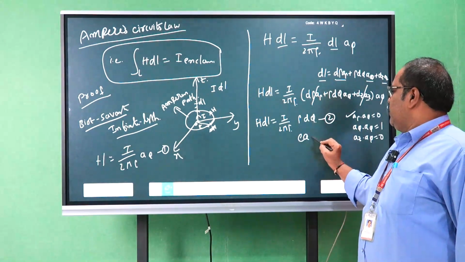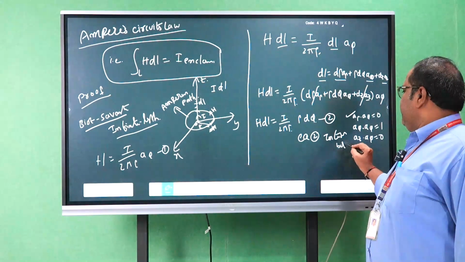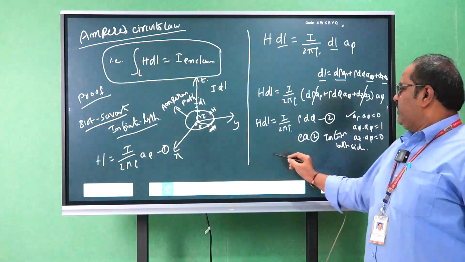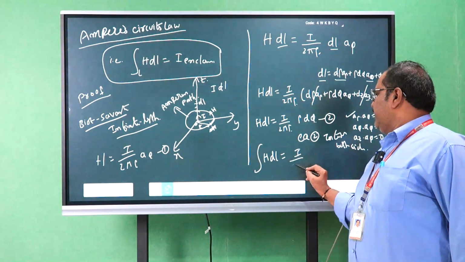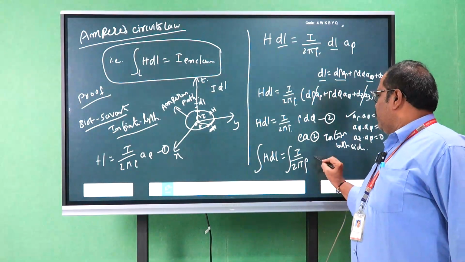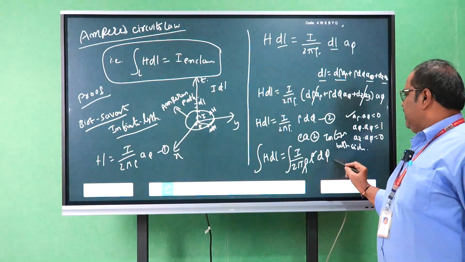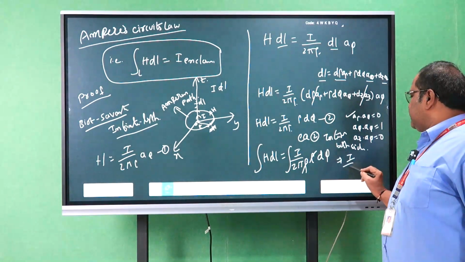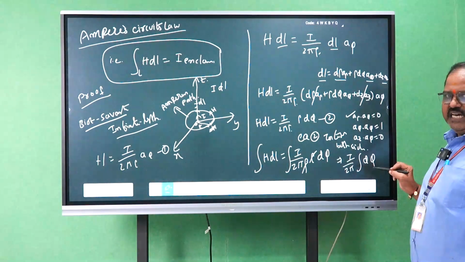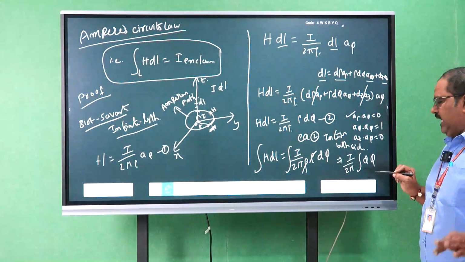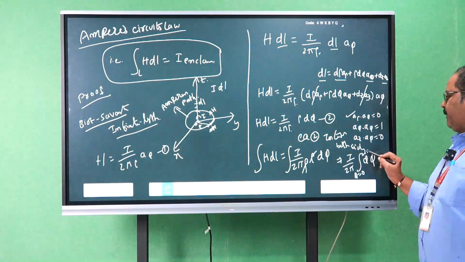Apply the integral on both sides of the above equation 2. Therefore, the integral of H dot dl is equal to the integral of I by 2 pi rho times rho d phi. The rho cancels, and I by 2 pi is constant. Therefore, integral d phi, where d phi is the differential azimuthal angle, and the azimuthal angle range is phi equal to 0 to 2 pi.